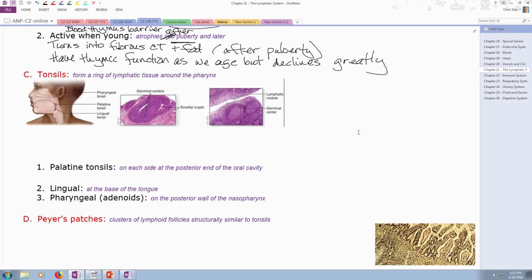Tonsils, that's also lymphatic tissue and forms a ring around our pharynx, our nose and throat area. We have pharyngeal tonsils that we often call adenoids. We have palatine tonsils right here, close to where the soft palate droops down.